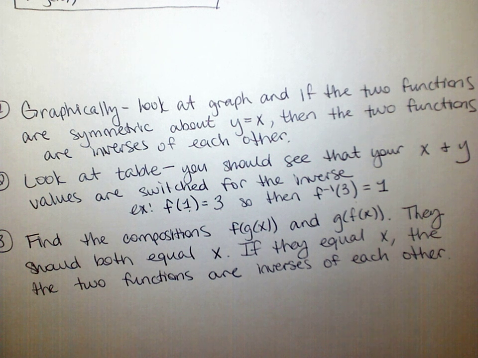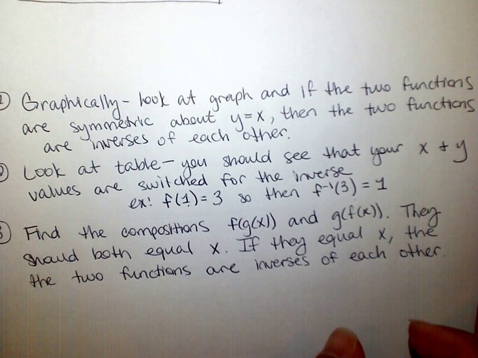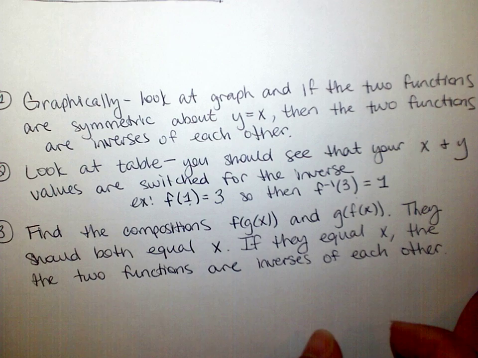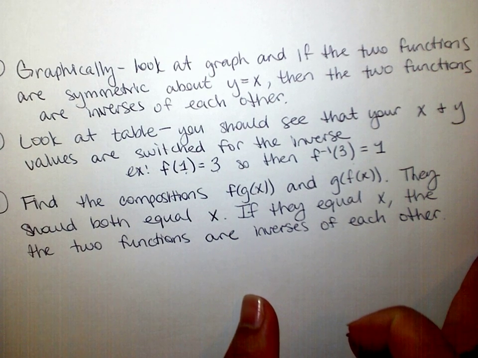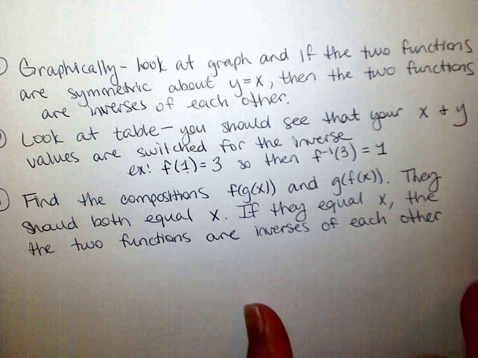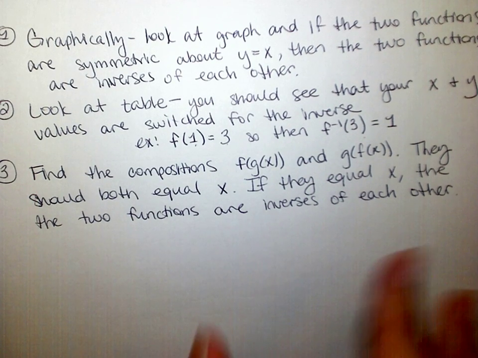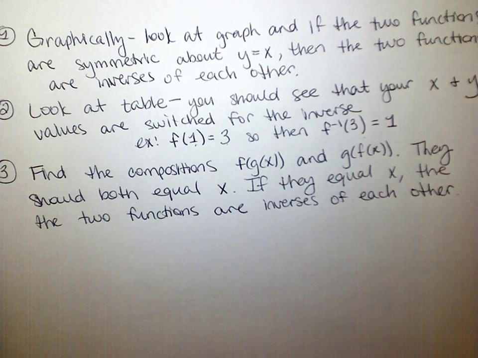Alrighty, now we're going to talk about number 7. It says Michael and Mary are not agreeing on their answers in finding the inverse of h of x equals negative the quantity x minus 5 squared minus 7. Check over their work and decide who was correct and explain what the other did wrong.